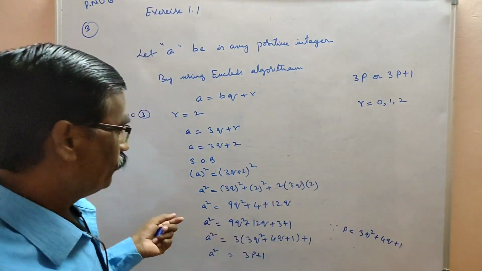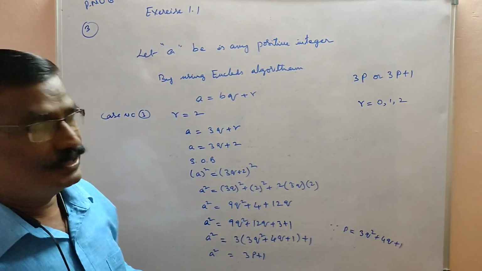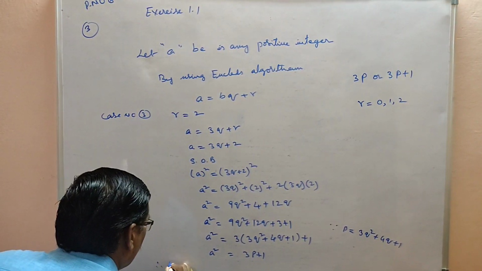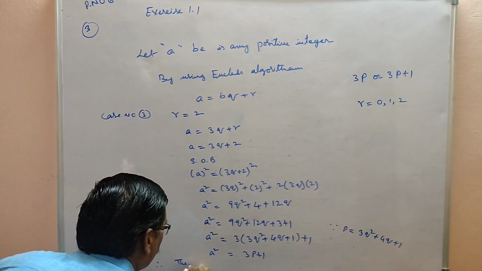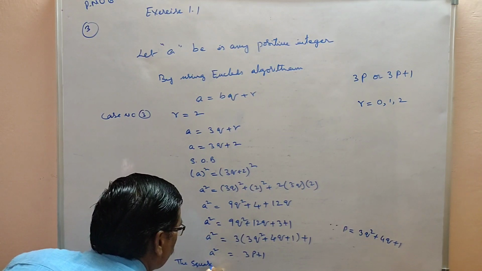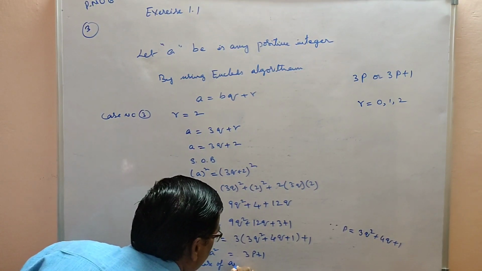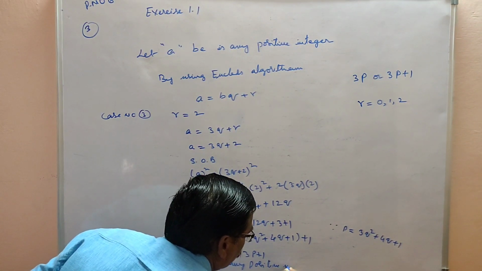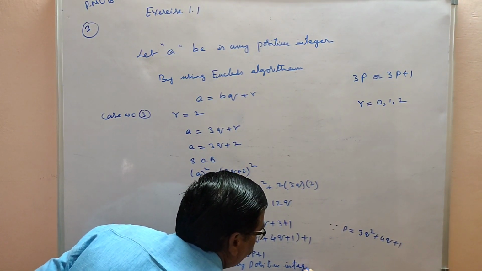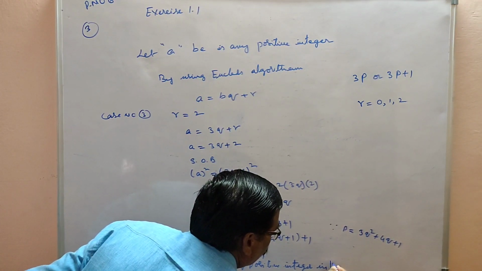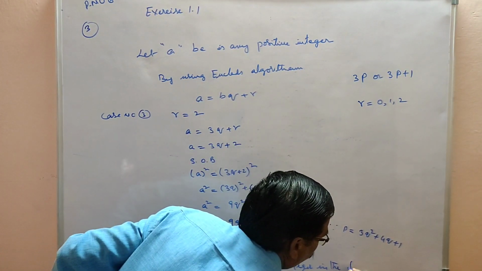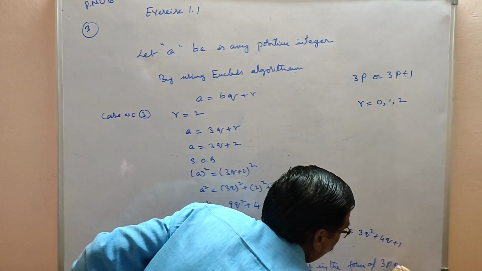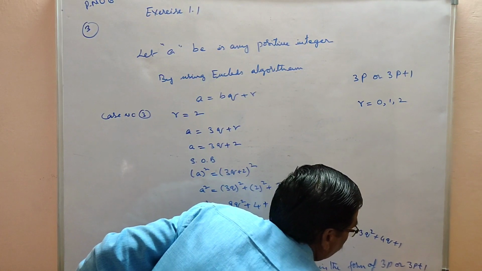So the square of any positive integer is in the form of 3p or 3p plus 1. Hence proved.